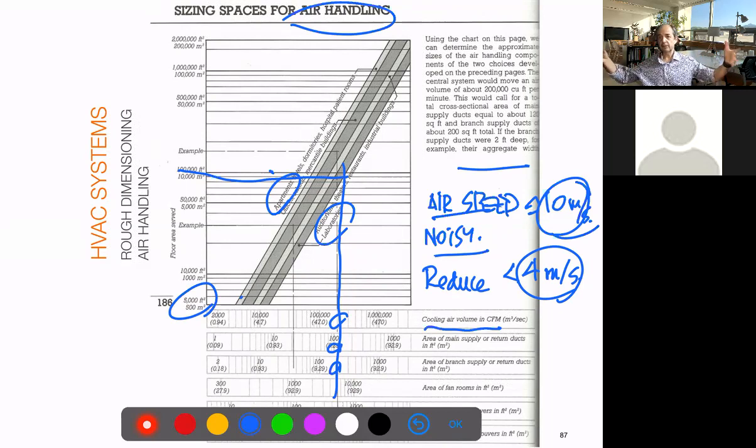But you'll have huge ducts, but 3-4 meters per second reduce noise, reduce also the static circulation, reduce the wind, and have much more comfortable feeling. But that means you will have to increase the pipes in the same proportion.